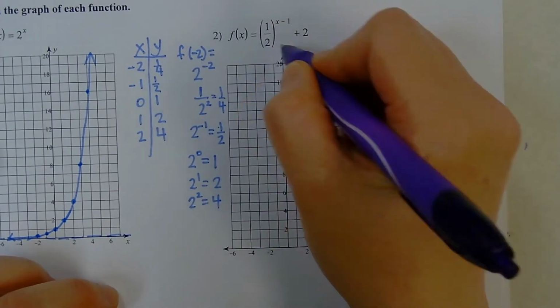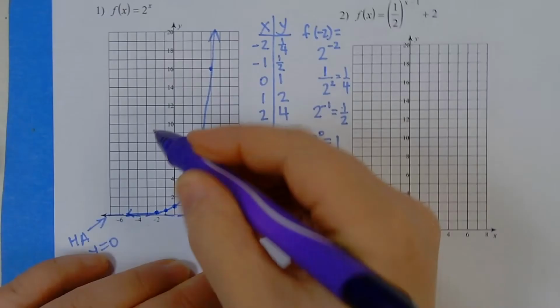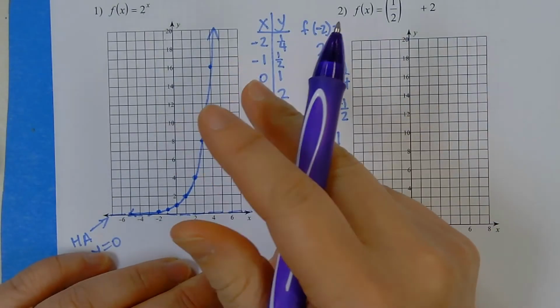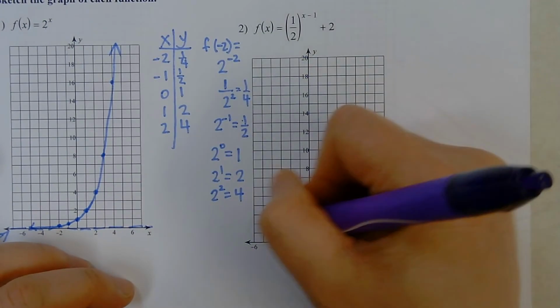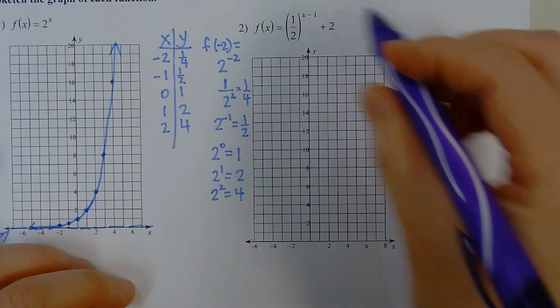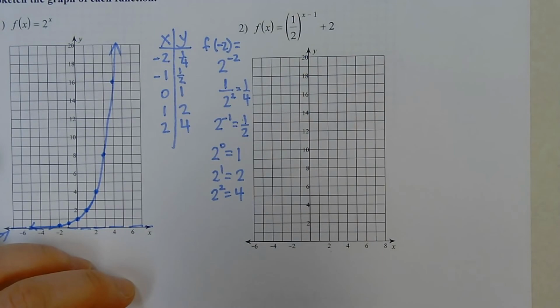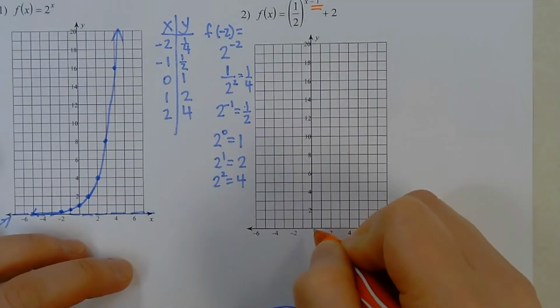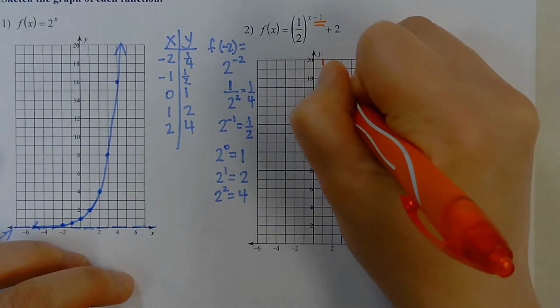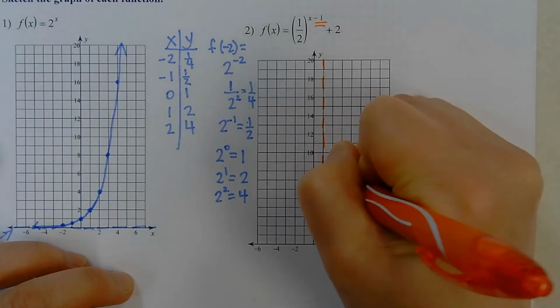All right, so this is 1/2, which is pretty much this, but backwards, right? Because it's a decay instead of a growth. We're going to take care of these transformations first. So this -1 tells us we're going to shift things 1 to the right, opposite of what we see.